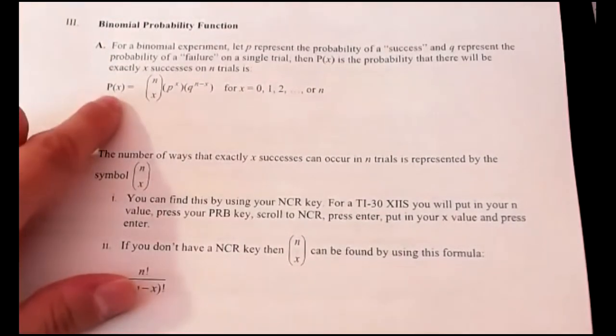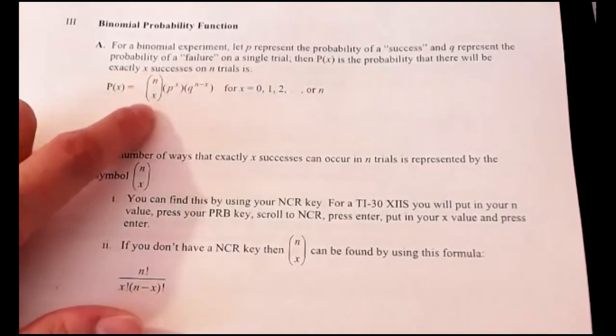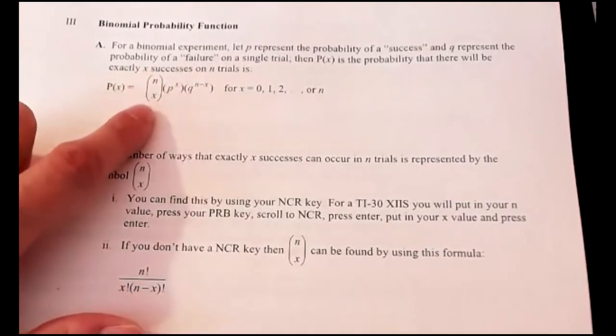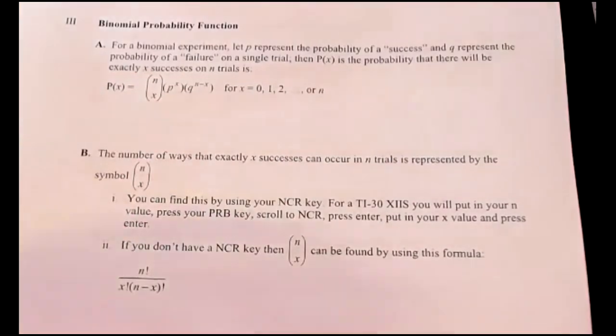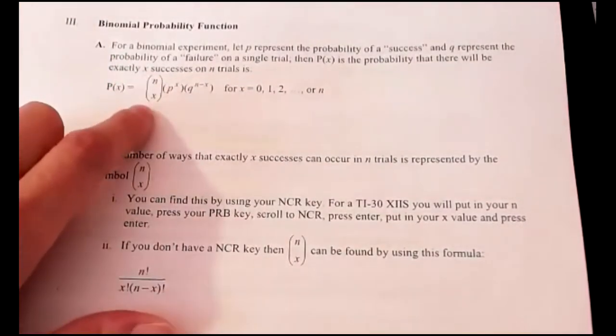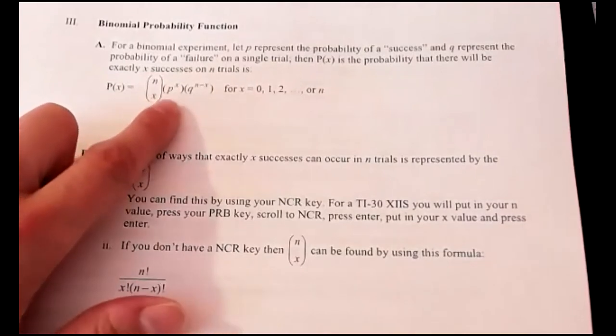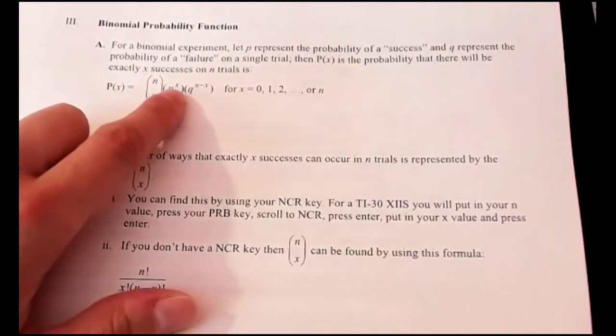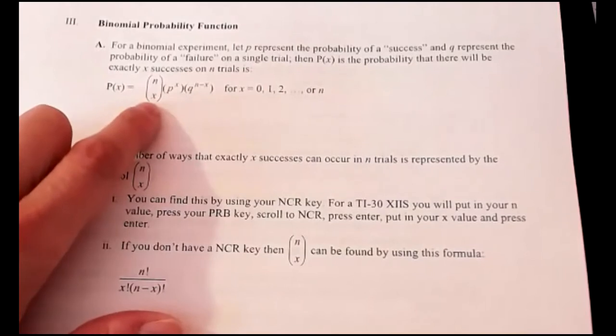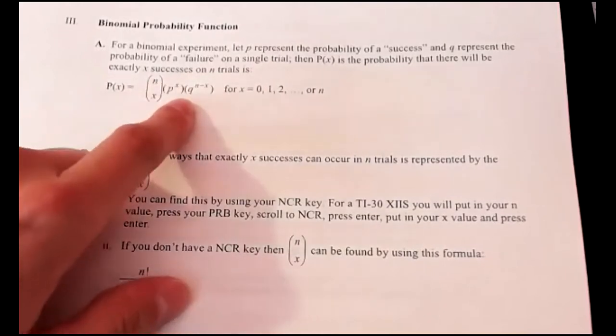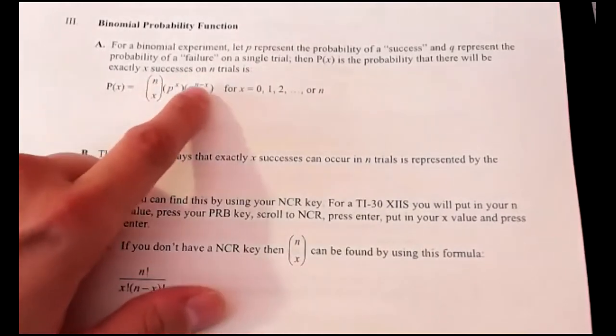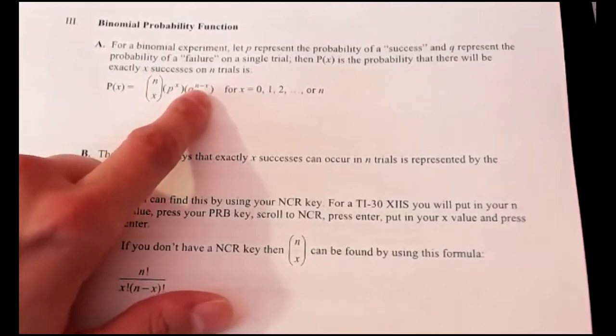So P of X is found by taking N choose X. I literally said N choose, like to choose, items. N choose X times the probability of success raised to the number of successes, times the probability of failure raised to the number of failed outcomes, basically how many people would be failed.